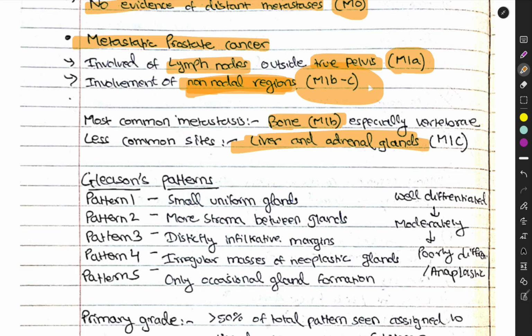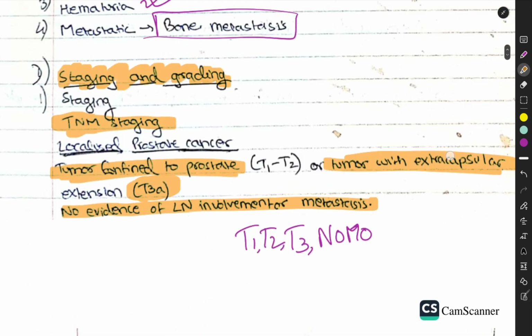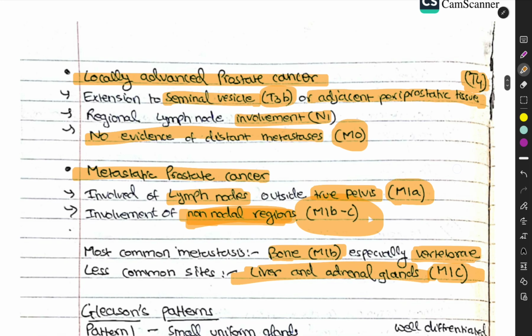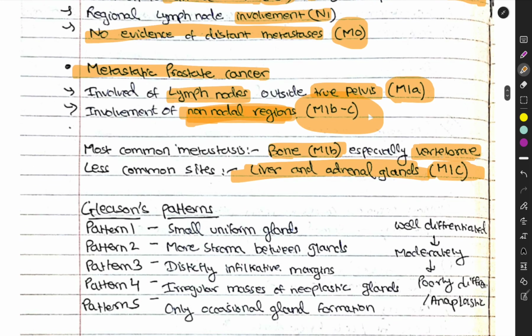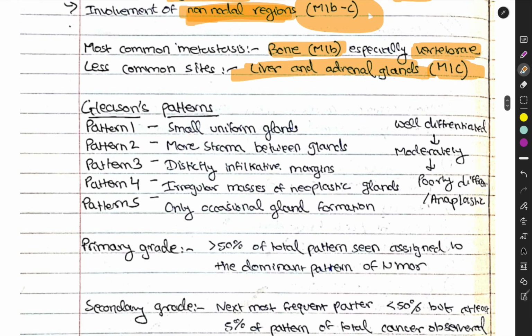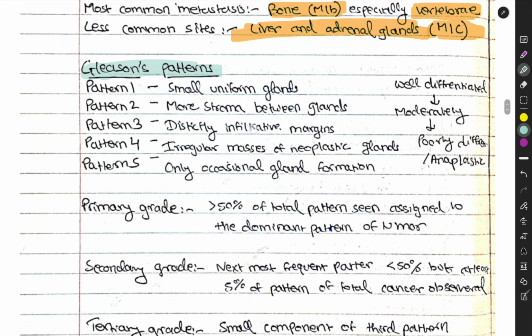B is especially for the vertebral column, and the less common sites are the liver and adrenal glands, which is staged as M1C.